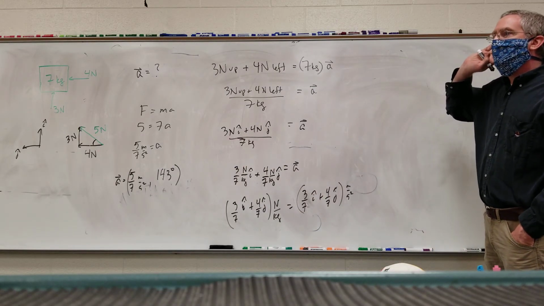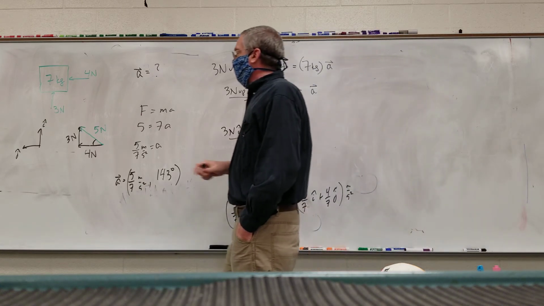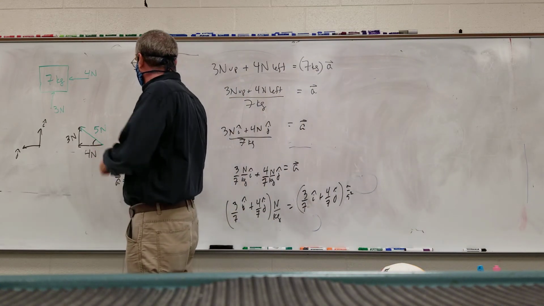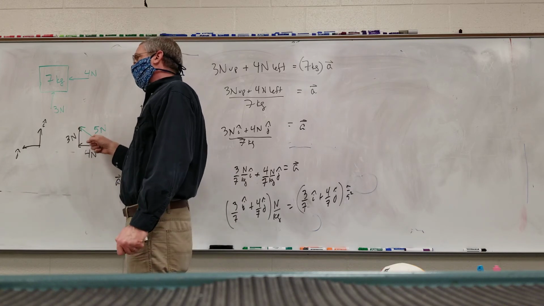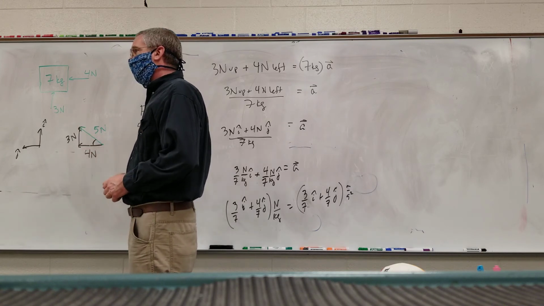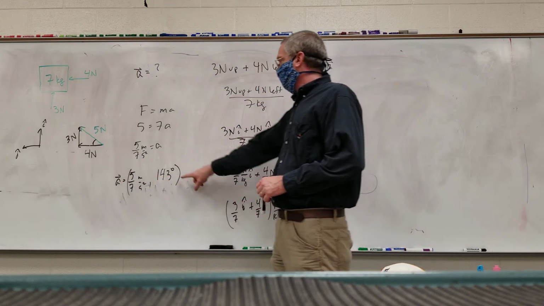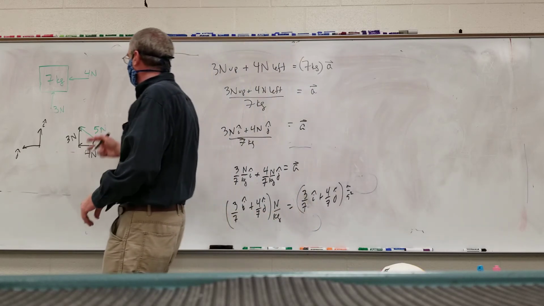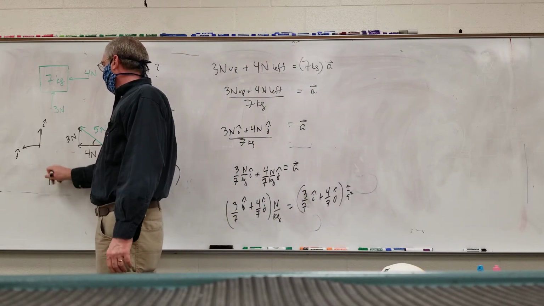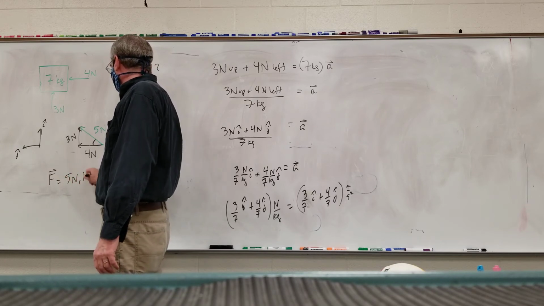When you're using the resultant as the force, you don't put direction? There is a direction here, and there should be a direction here. The trouble is that to get that direction requires trig. Oh, okay, I see. That's why you put the degrees over there. Yeah, if you did find out the direction. So I could have also expressed the force vector as 5 newtons, 143 degrees.